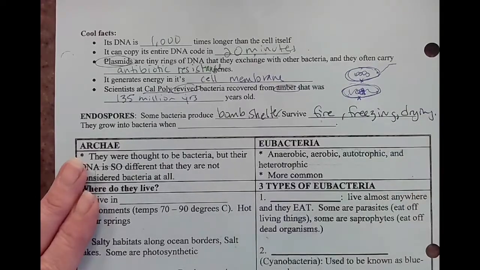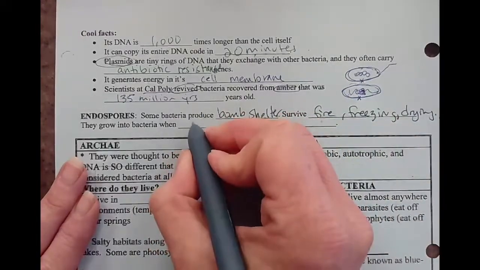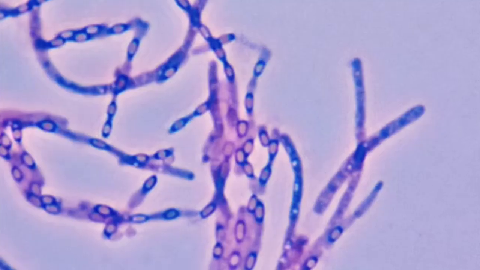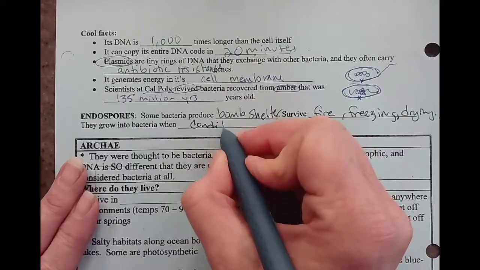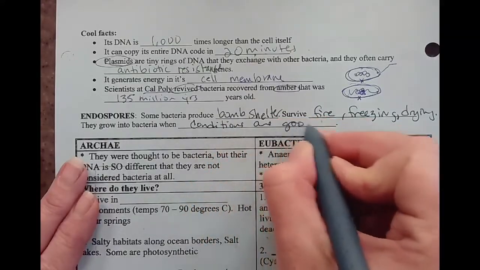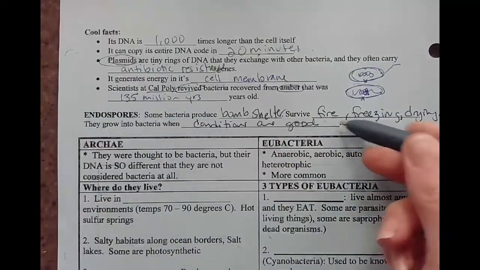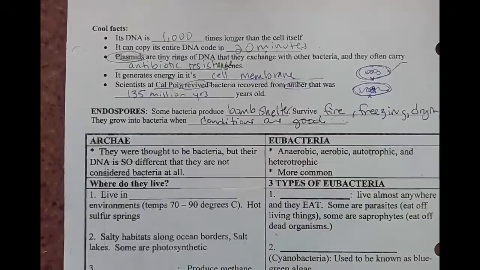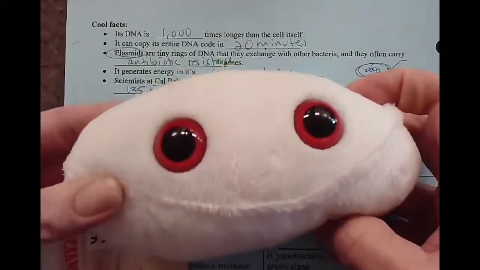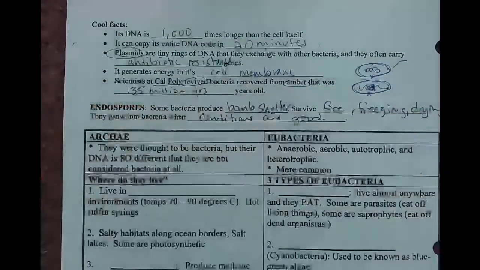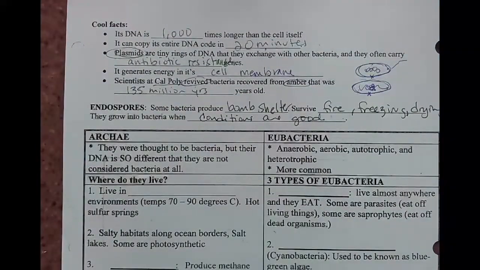And as soon as conditions are good, they grow back into a normal bacteria cell. Anthrax is a really good example of that. Anthrax is a cell that has this little bomb shelter. Here's my stuffed animal. Very, very difficult to kill this bacteria, which is why it's so dangerous.